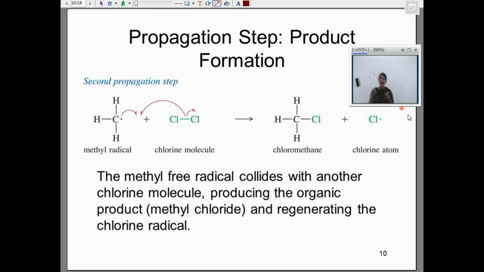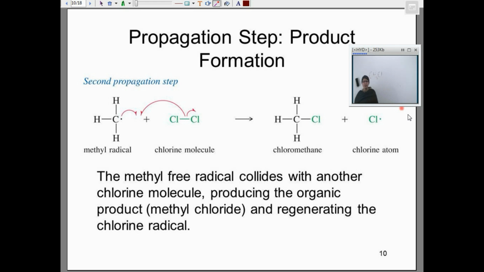All chemical reactions happen because of collisions of molecules. If a chlorine free radical collides with another chlorine free radical, there is a wastage. What kind of wastage? Again, energy will be needed to break the chlorine molecule.